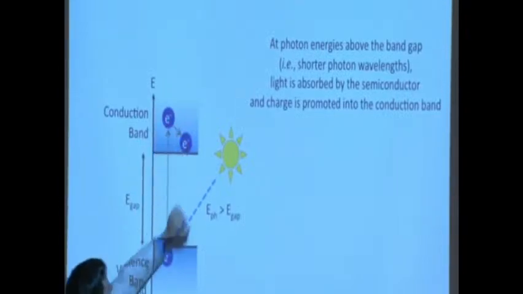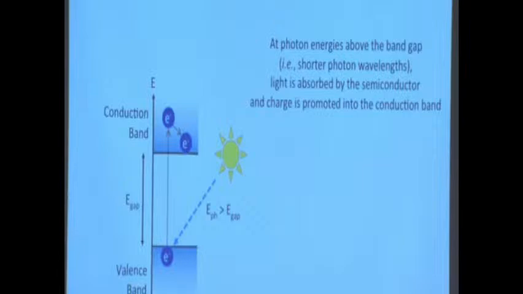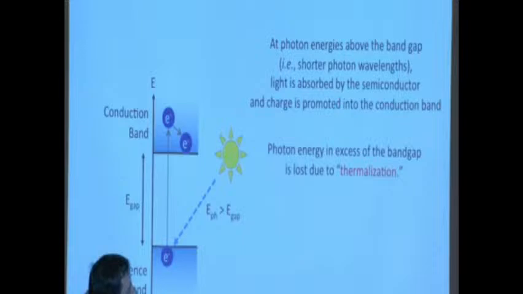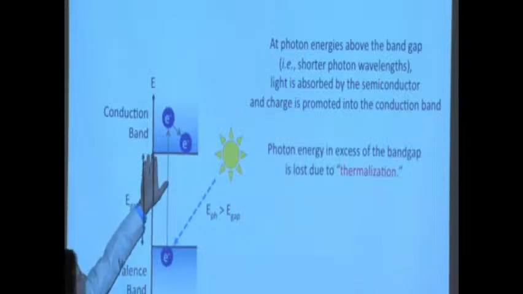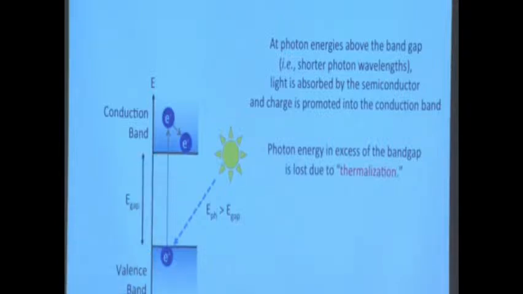This settling down to the bottom of what is this mostly empty band of states is a process called thermalization. And it occurs because there are a series of states. The electron can very easily move between them by emitting phonons, or lattice vibrations, or heat. And very quickly, that electron will settle down into what is referred to as the conduction band minimum, the minimum energy level within the conduction band.